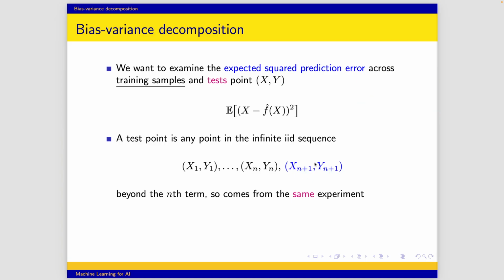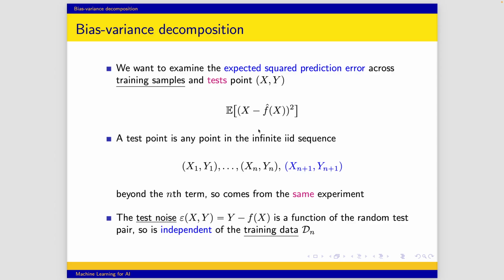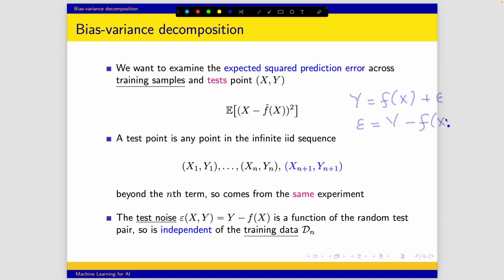Okay, so now the test noise, what's that? Well, in our model, which is y equals f of x plus epsilon, we can write this as epsilon equals y minus f of x. As I explained before, we interpret epsilon as the discrepancy between y and the true function.